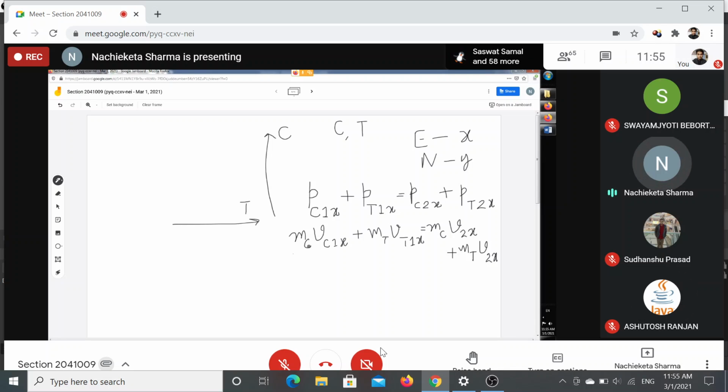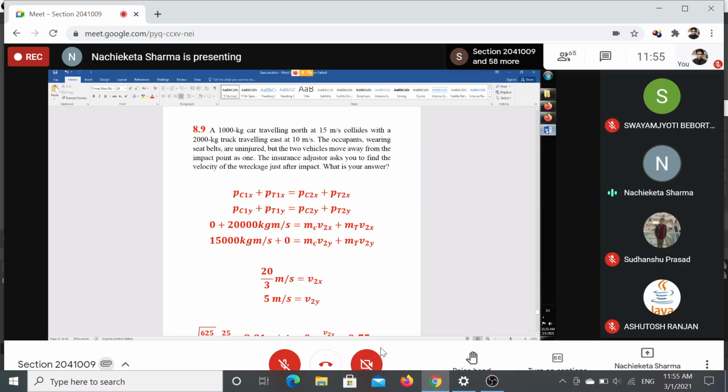So this part is 0. Okay. What is the mass of the truck? Mass of the truck is 2000 kg, and it is moving with 10 meter per second.